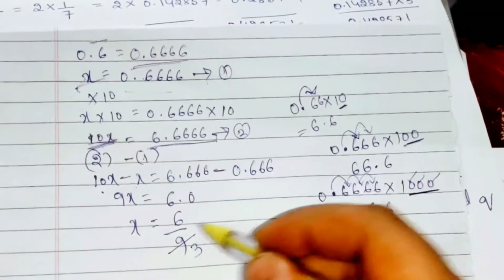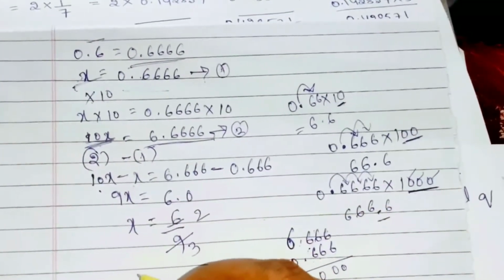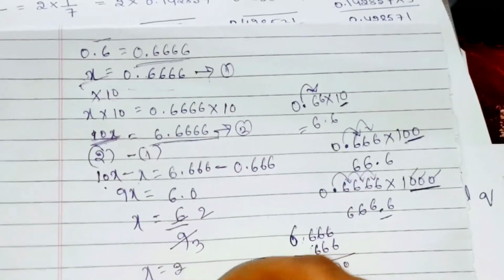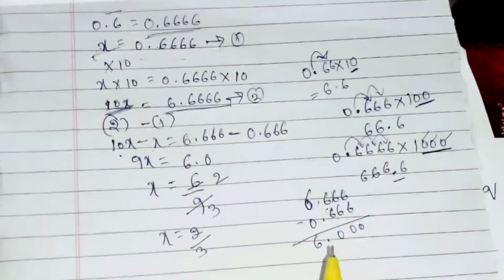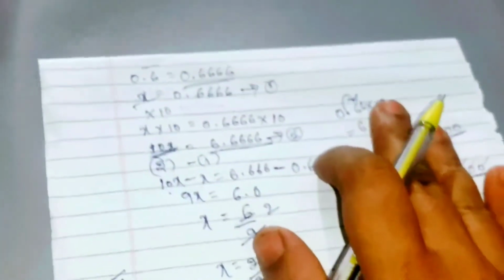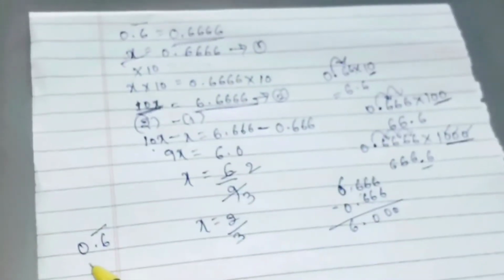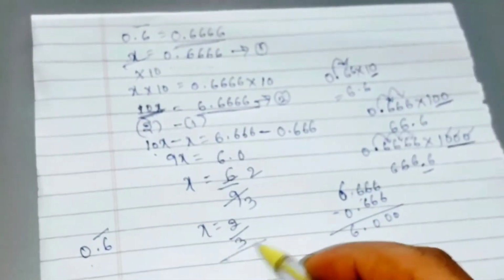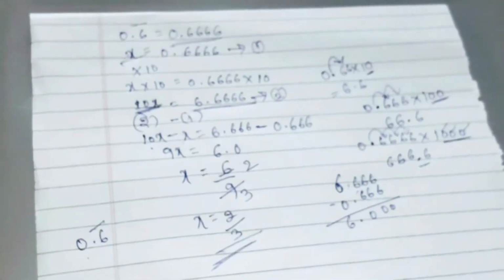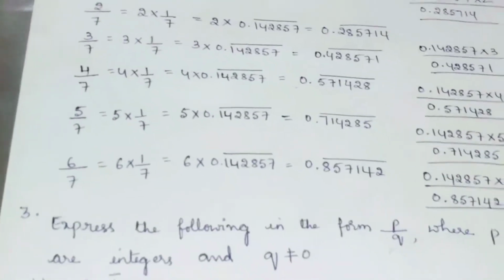Then 3 3s are 3, 3 2s are 6. Then x is equal to 2 by 3. They gave 0.6 bar, but you have written it in the form of P by Q. Just observe the procedure.